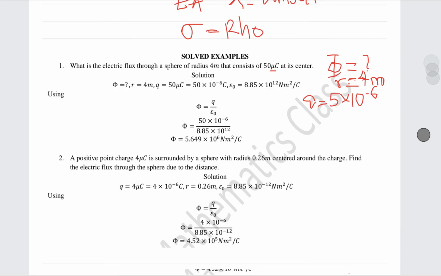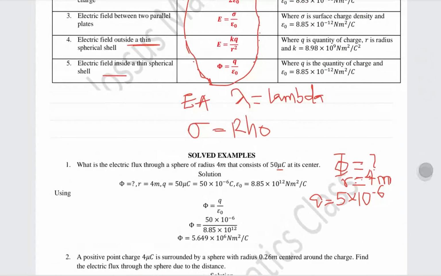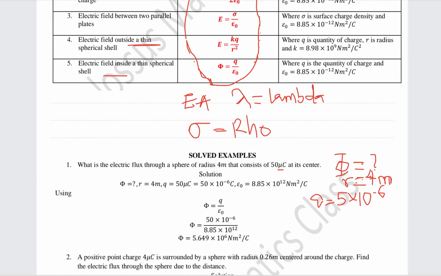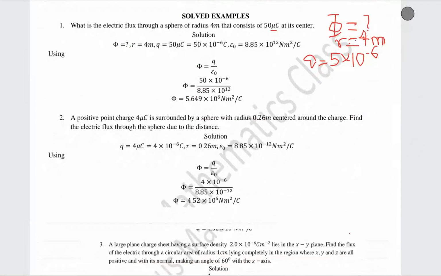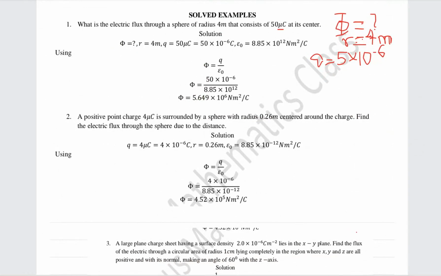So if you look at our application here, you can see that the formula that deals with R, Q, and phi is our third formula, like I explained in the last video. That is what we are looking into. This formula is like another general formula under the Gauss law.